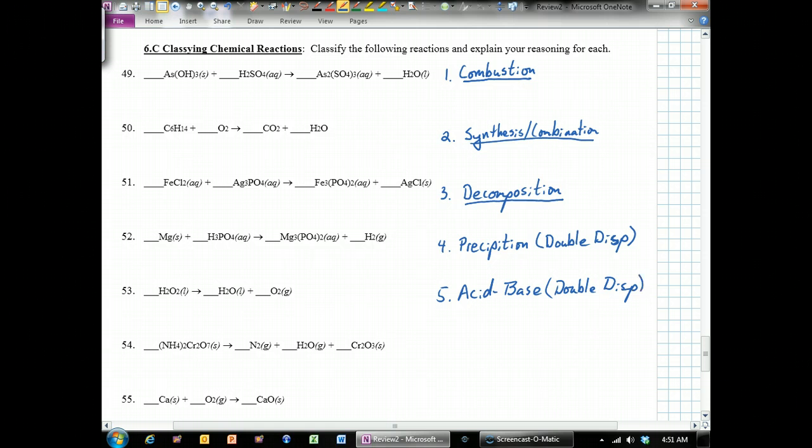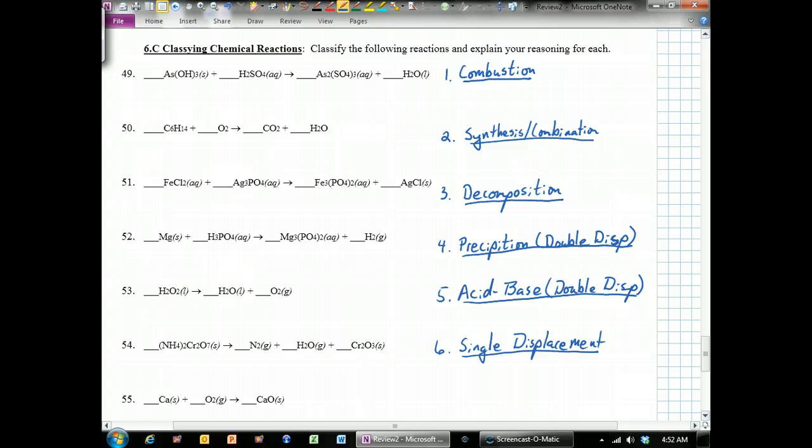And the last one is a mechanism one, but it's a single displacement reaction. And then I'll talk about how you can identify them in a formula.